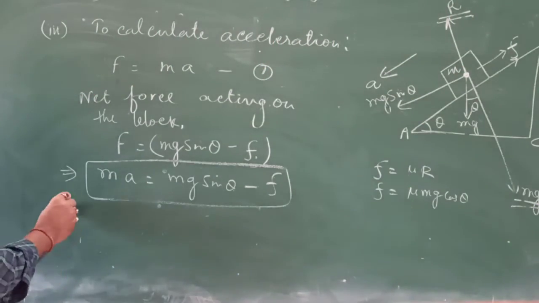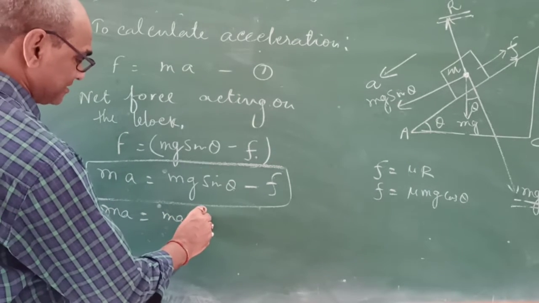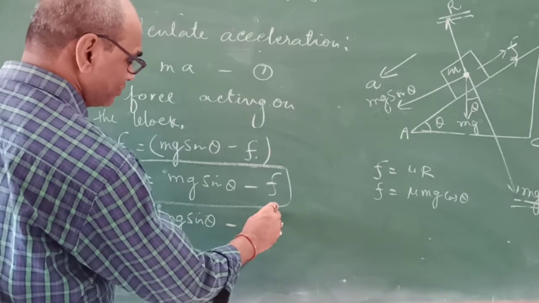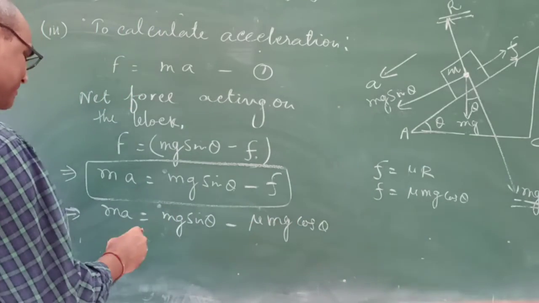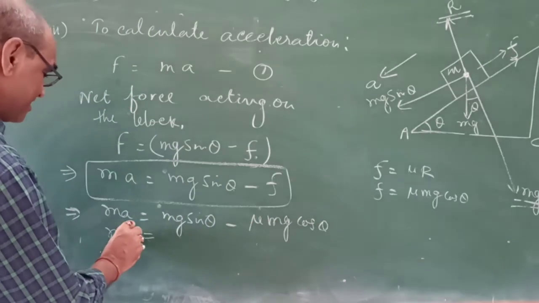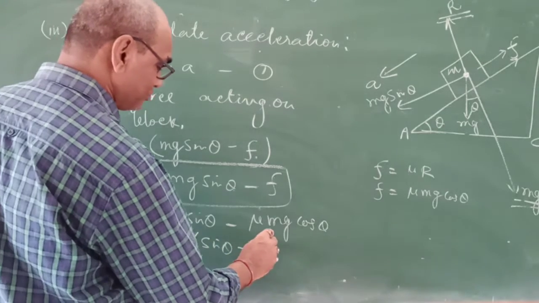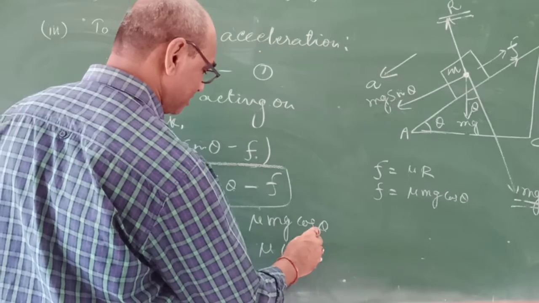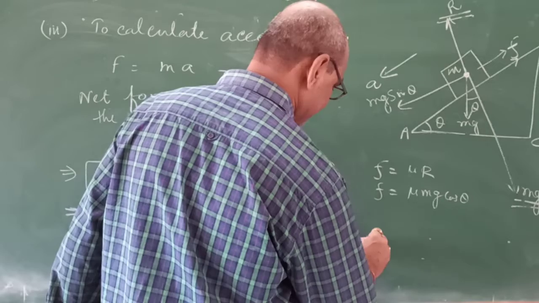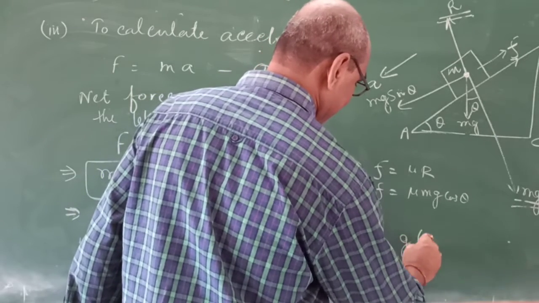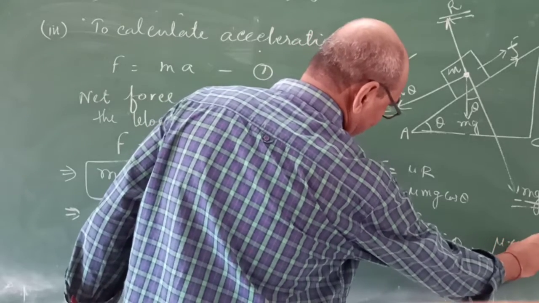Therefore, we write ma is equal to mg sin theta minus mu mg cos theta. Now mg taken common: mg times sin theta minus mu cos theta. Cancel out. Therefore, acceleration is equal to g times sin theta minus mu cos theta.